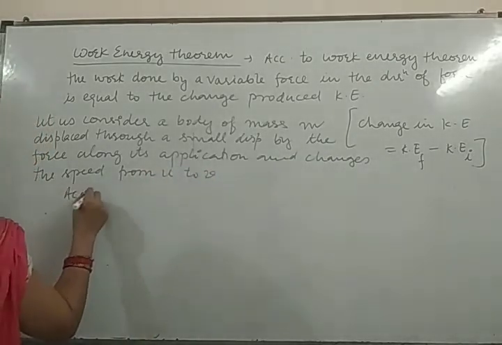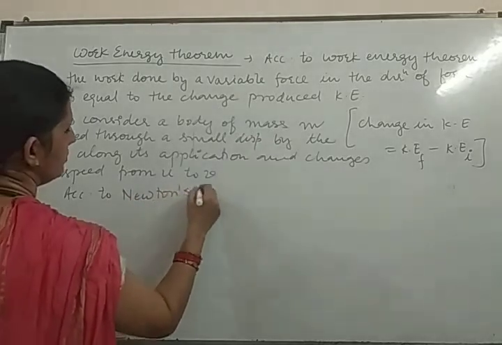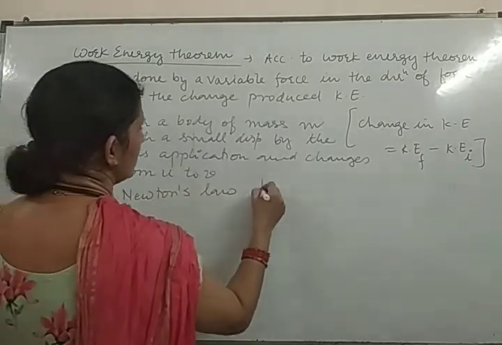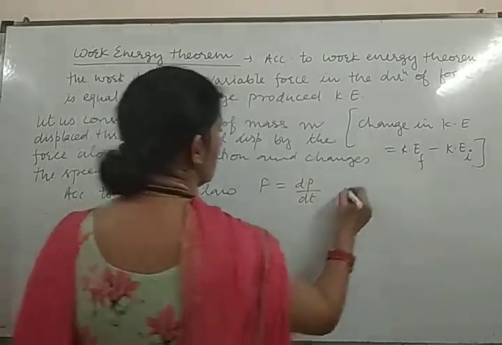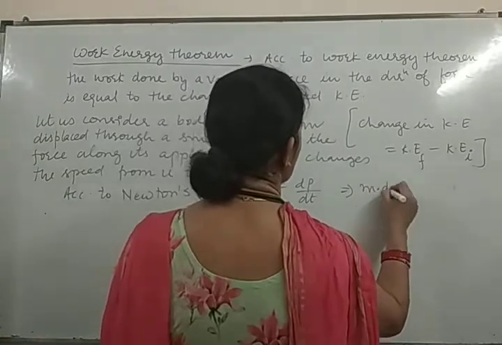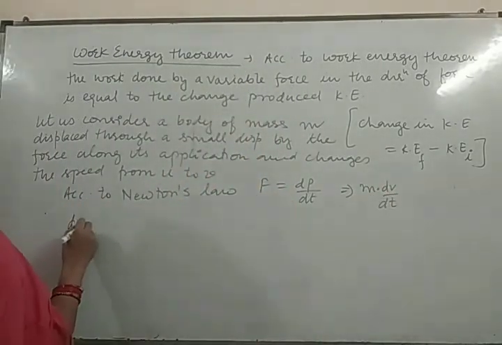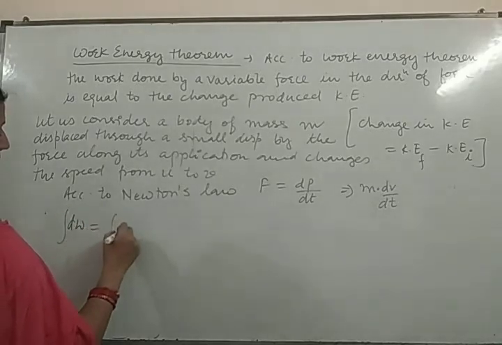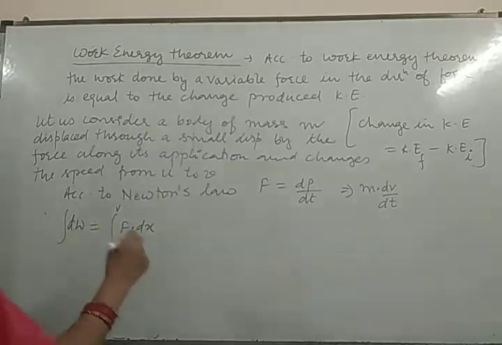Now, according to Newton's second law, F is equal to dP by dt, or you can write it as m into dV by dt, and the small work done is equal to F into dx from the limits u to v.